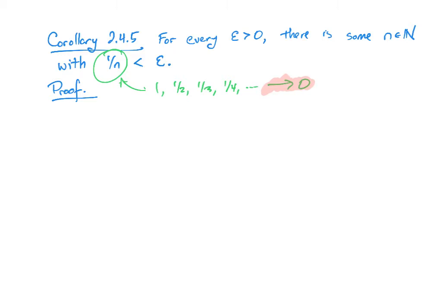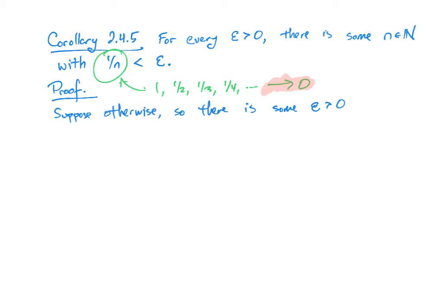Well, let's just see what happens. This is not the proof I'd prepared, but suppose otherwise. Now there is some epsilon greater than 0 such that there is no natural number whose reciprocal is smaller than it.